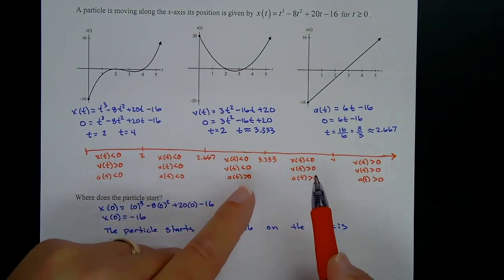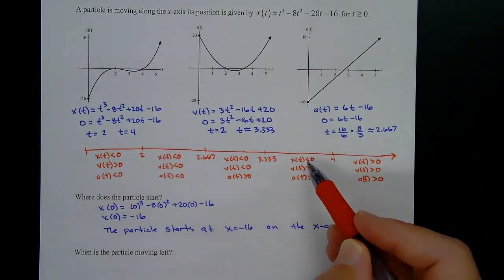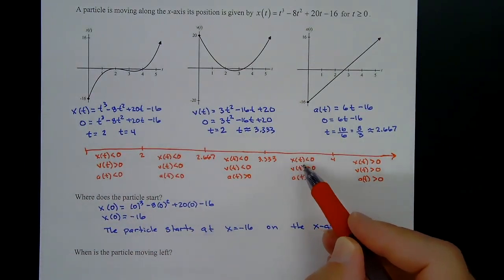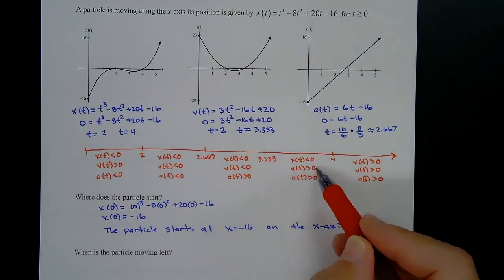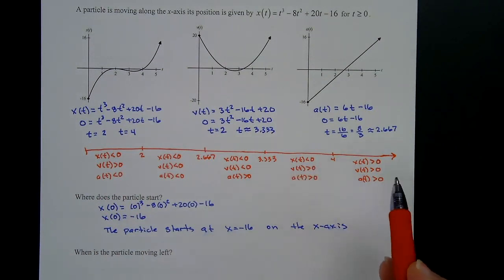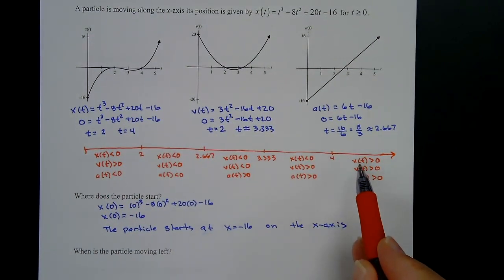All right, and then right here, I know I'm on the left side, but now I'm moving right, so I'm moving towards the origin again. And then right here, I'm on the right-hand side, and I'm moving right. So I'm moving away from the origin.